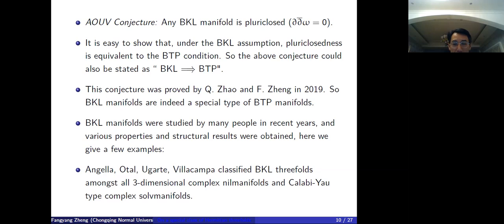And then they realized all these BKL ones happen to be pluriclosed at the same time. So they wondered if this is a phenomenon that will be sustained beyond these nilmanifolds and solvmanifolds of dimension 3. So that's how they came up with a conjecture, I believe.